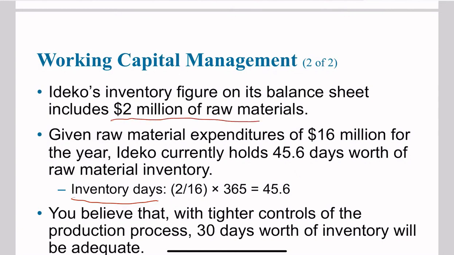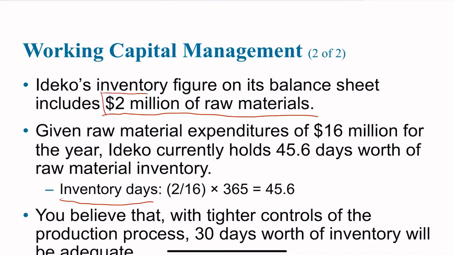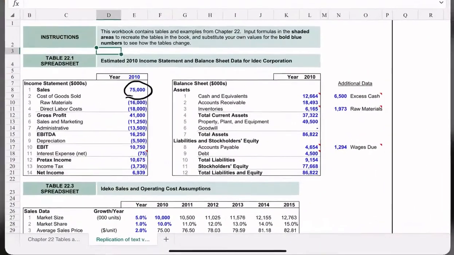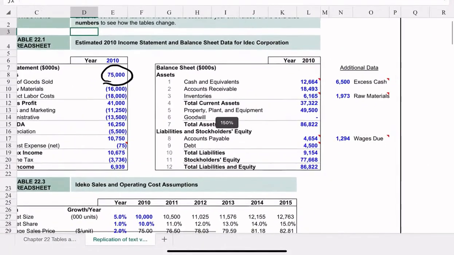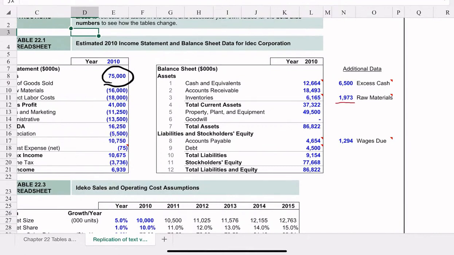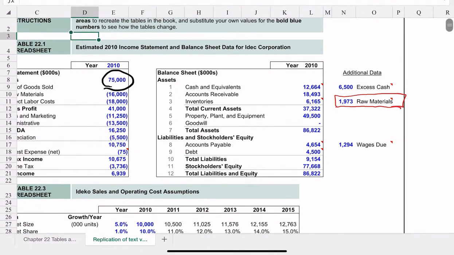So the firm has $2 million of raw materials. And how do you get this number? It's given by this additional data. So basically you can see that the total inventories would be 6165.